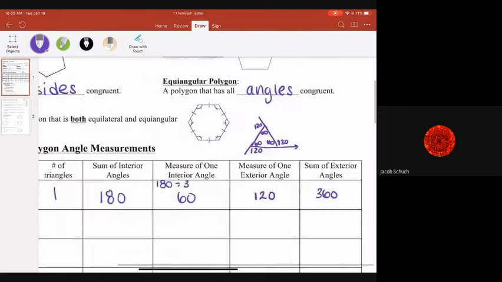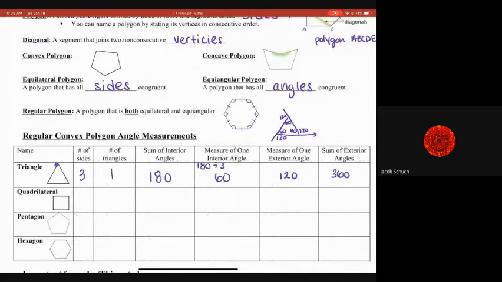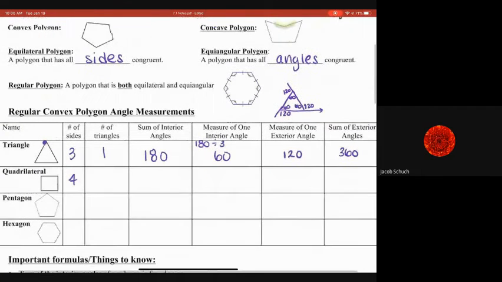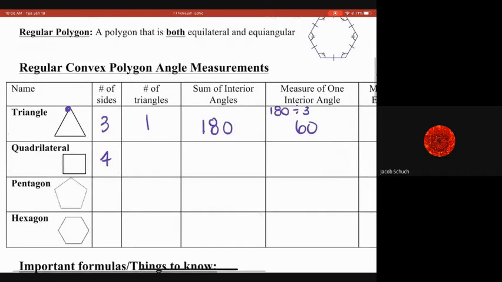All right. So now we're gonna look at this, but now with a quadrilateral. So that is a 4-sided shape. So for a 4-sided shape, if we're going to talk about the number of triangles, what you're going to do is you're going to pick a vertex, any vertex. I'm picking the top left. And from that vertex, you are going to see how many diagonals you can draw.